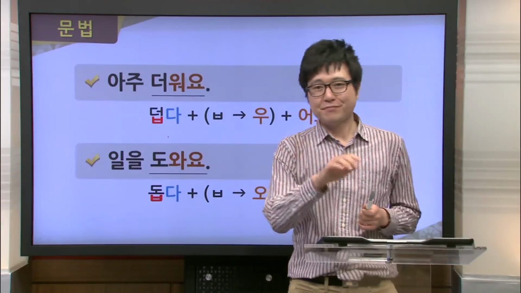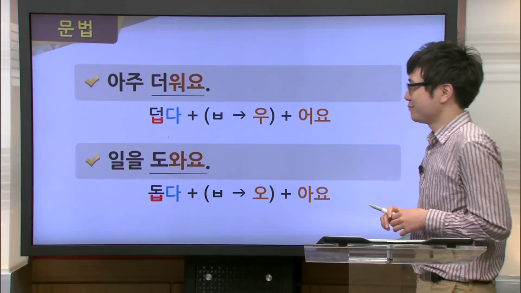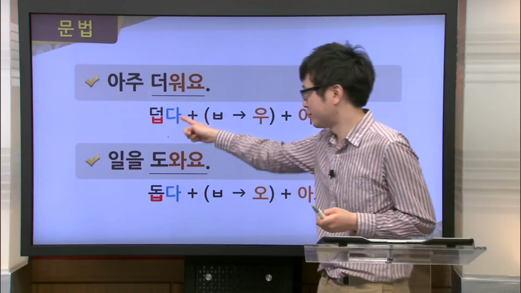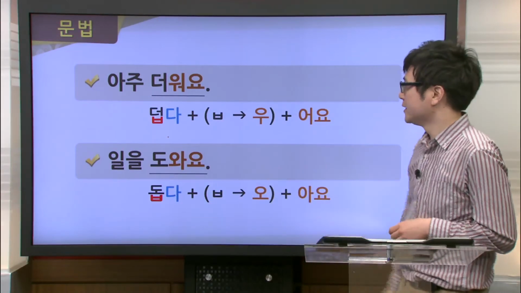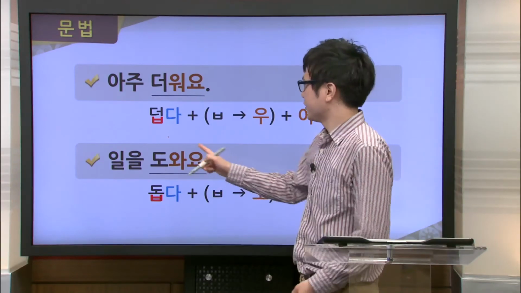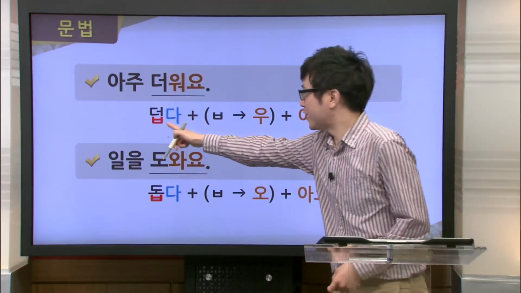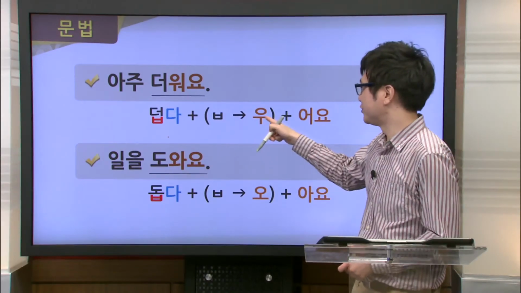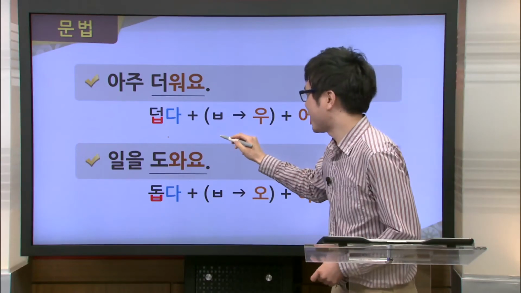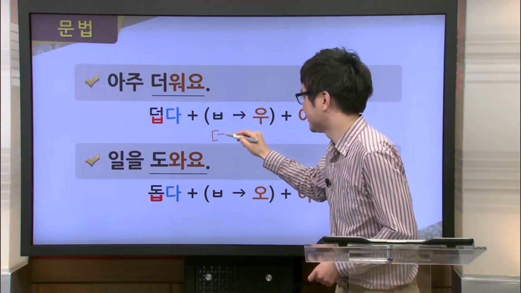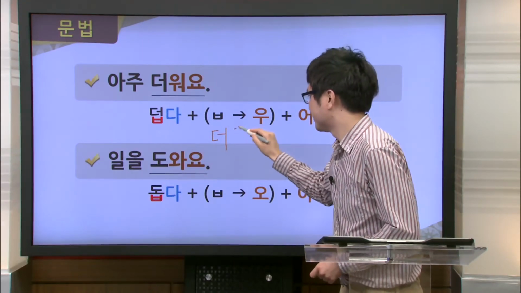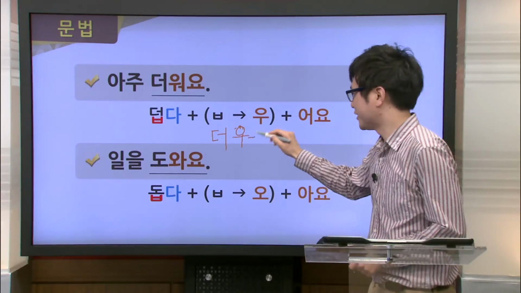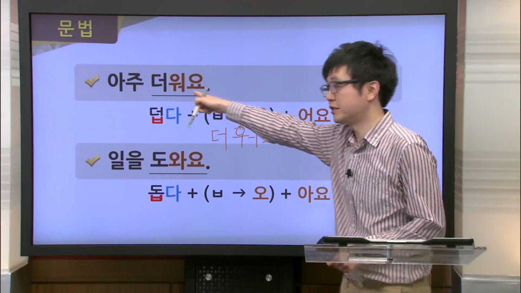Great. Now if you look at the usage here, this ㅂ irregular applies to verbs such as 돕다 and 덥다. And as you can see here, this 덥다, as shown before, is combined with 어요, so the ㅂ actually changes to 우. So what happens is we get 더우 and then combine with 어요 to get 더워요, like you see right here.